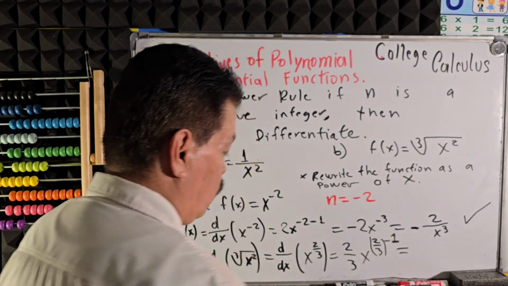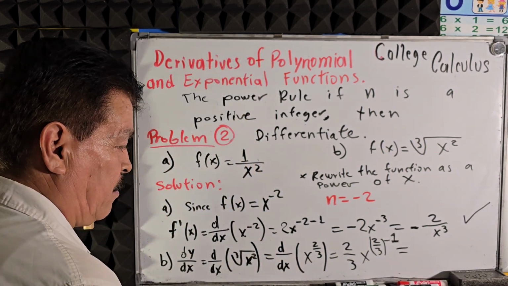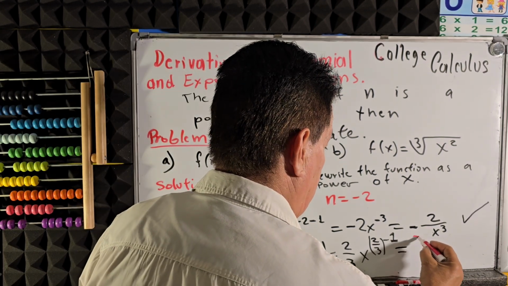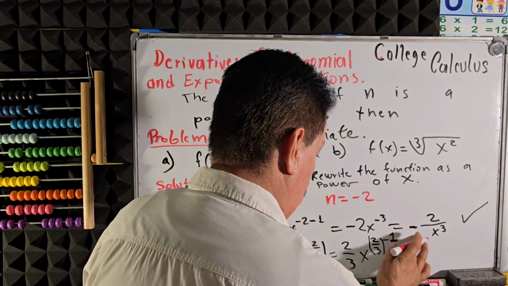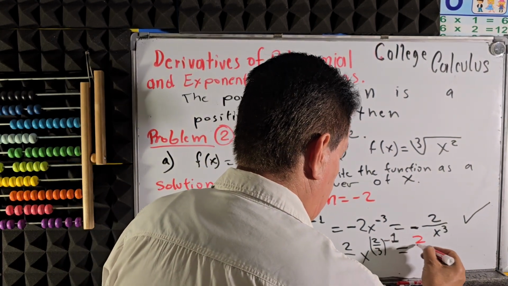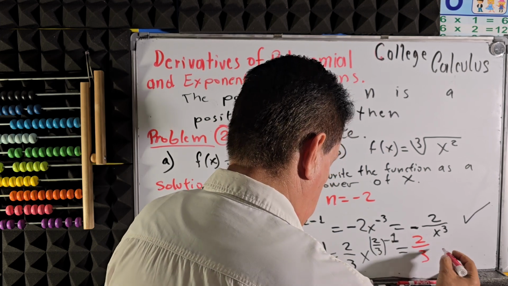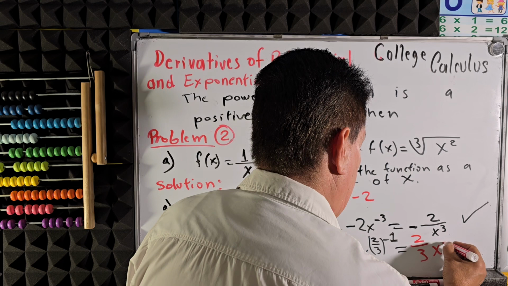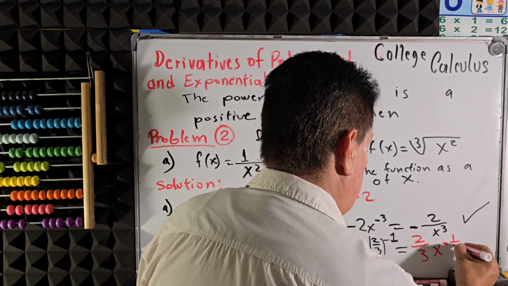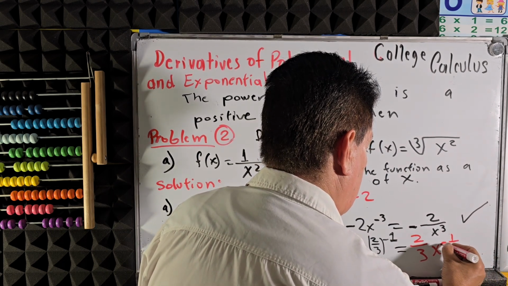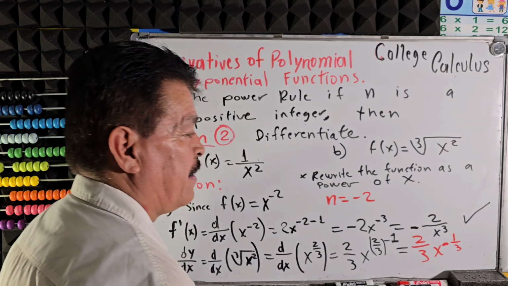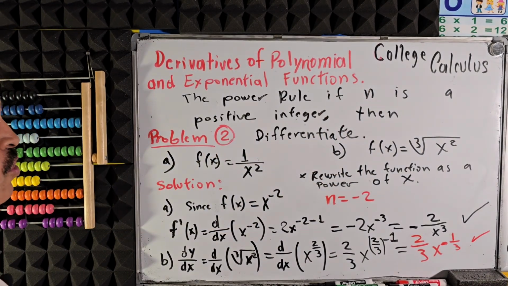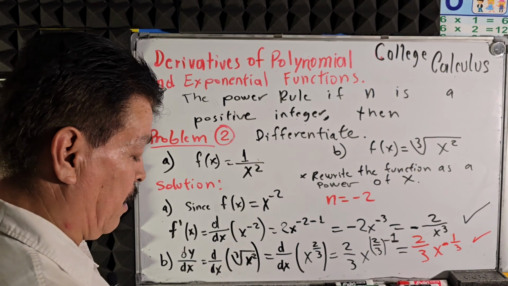So our conclusion will be equals 2 thirds x to the negative 1/3 power, right? This is the solution of our second problem.